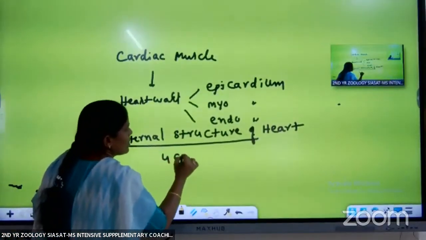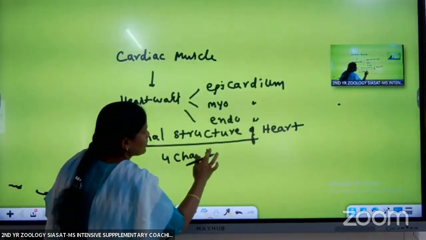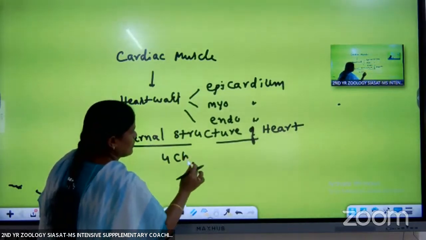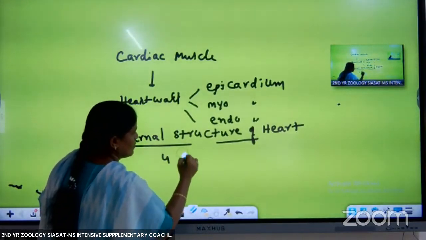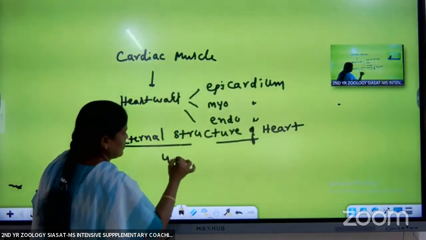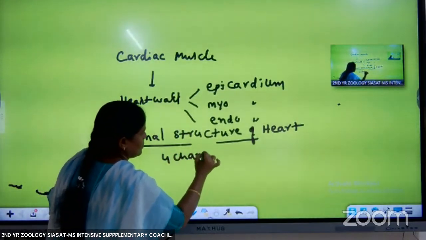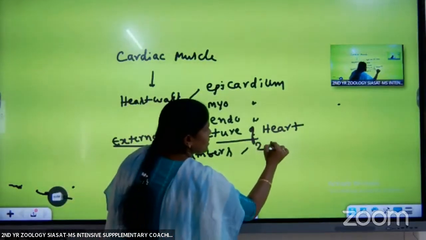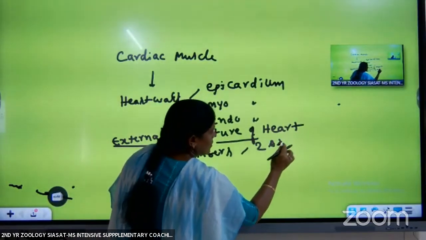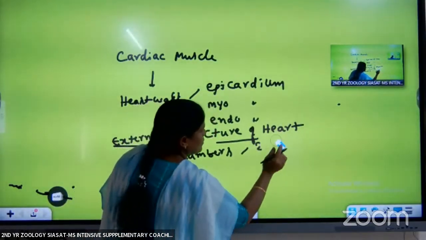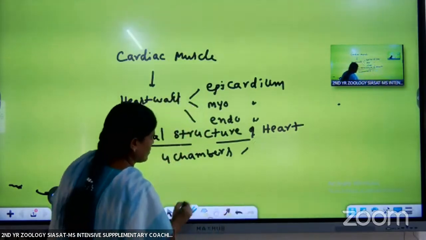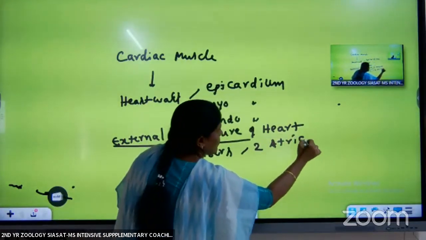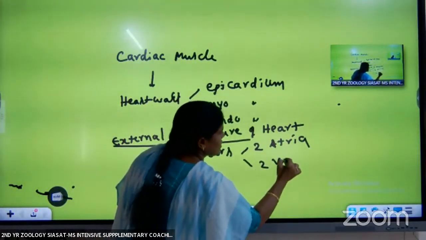The two chambers are called two atria and two ventricles.